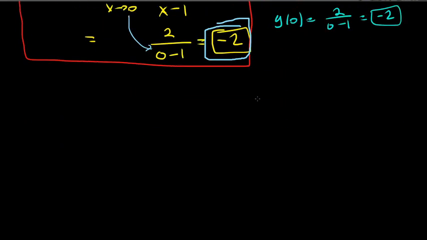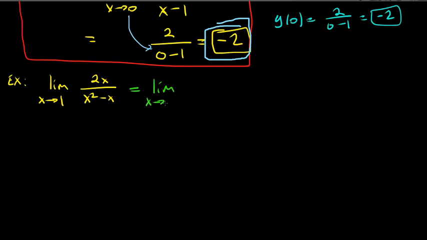So let's do another example. Well, it's the same example: 2x over x squared minus x. But now x is approaching 1 instead of 0. So we can try the same thing, do the same trick.